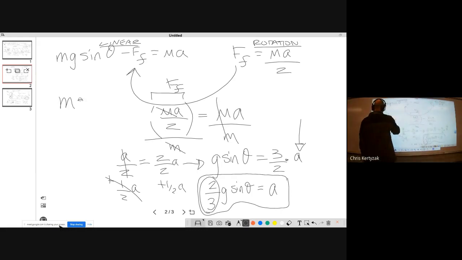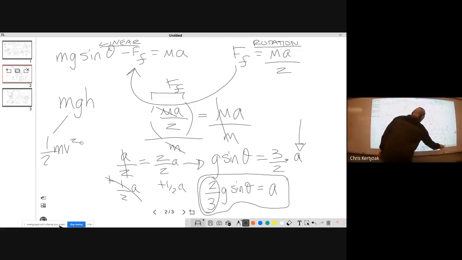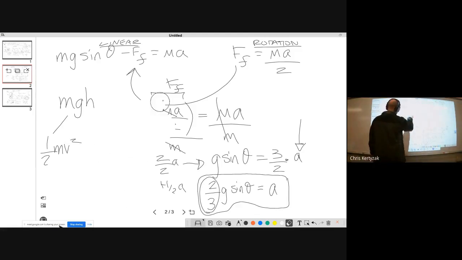So the mgh potential energy, some of it goes into 1/2 mv squared, and some of that energy goes into kinetic energy which is rotational kinetic energy.